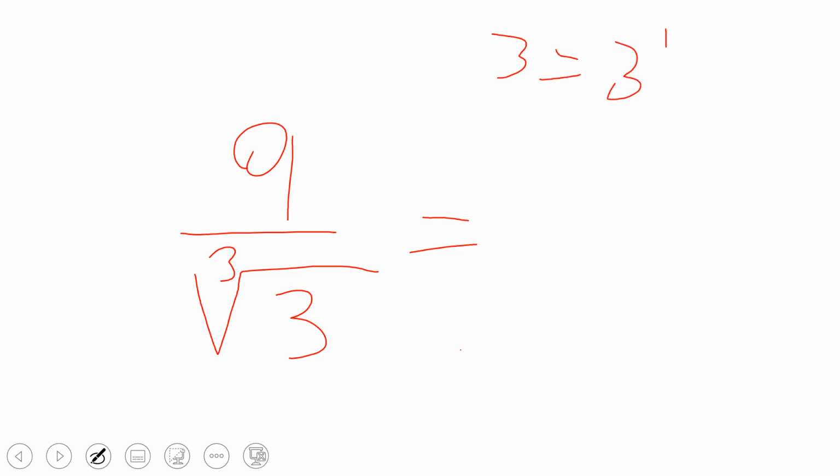Now 3 to the first power multiplied by 3 squared is going to give us 3 cubed.